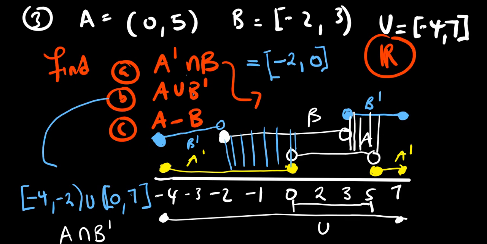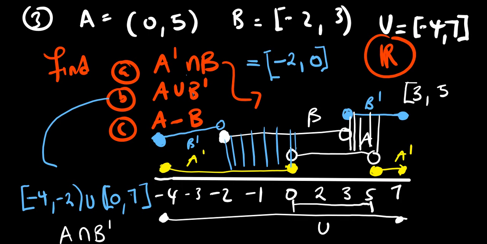Okay, so now what will be our answer for the last one? If it's that region, meaning you move 3 to 5. Now, is 3 included in that expression? Yes, you're able to see that 3 is in B complement, it's also in A. So here I'm going to close.